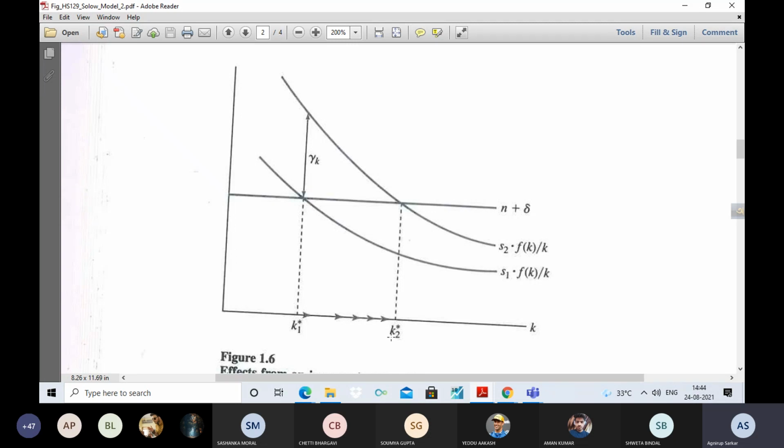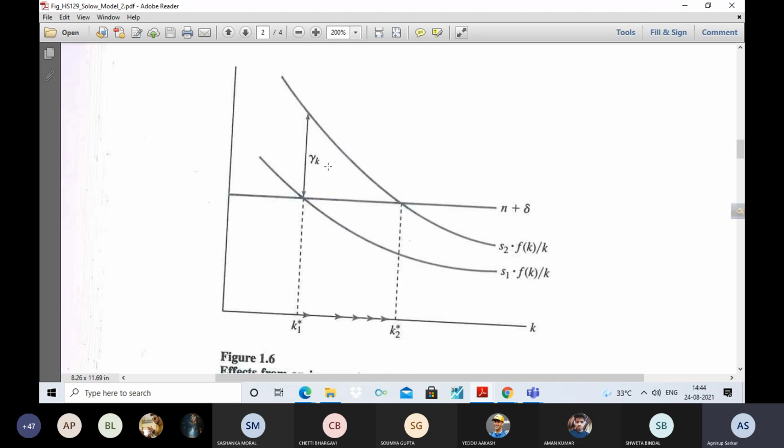So this result shows that a permanent increase in the saving rate generates a temporary positive per capita growth rate. It's a positive per capita growth rate, definitely, but it's temporary. This growth rate is not permanent. The positive growth rate is not permanent.